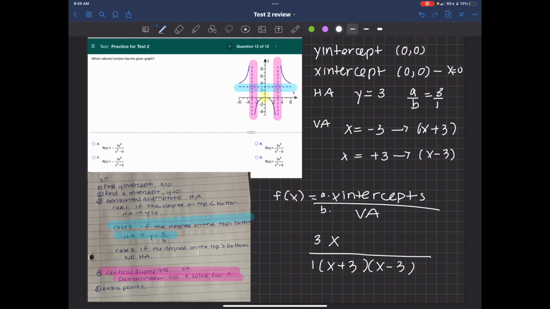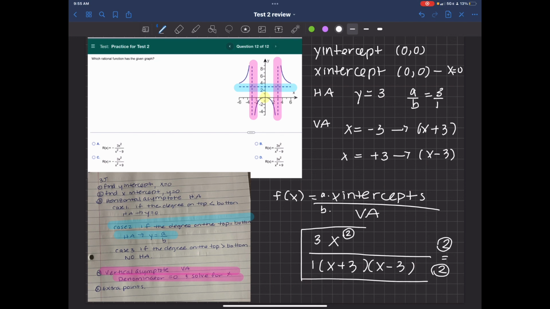But this only works when my degree on top is the same as the degree on the bottom. So that means I need 2 degrees on top to equal the 2 degrees on the bottom. So I'm going to put a second degree there. And this is our solution.